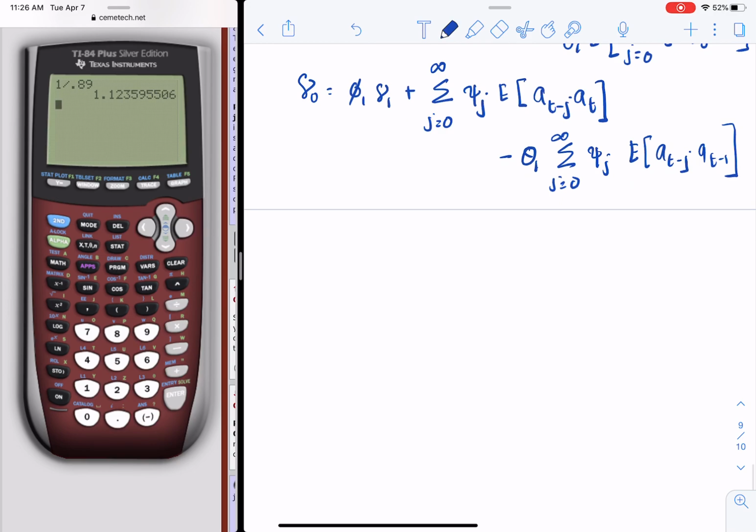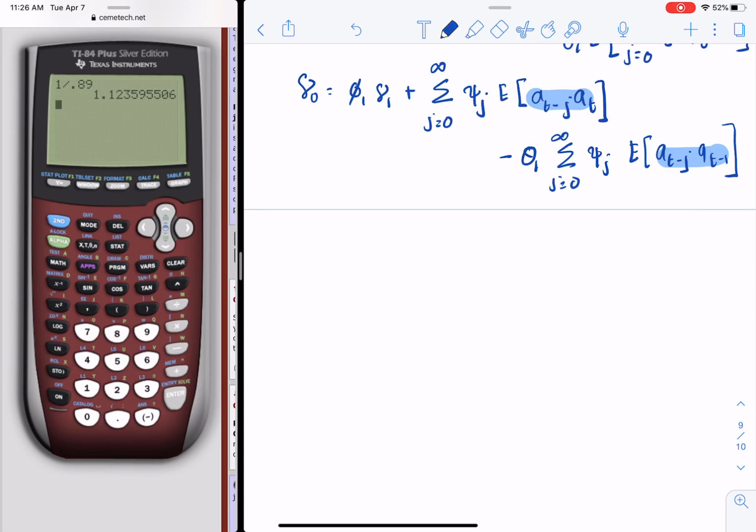So the noise here can only be dependent if j is equal to 0.